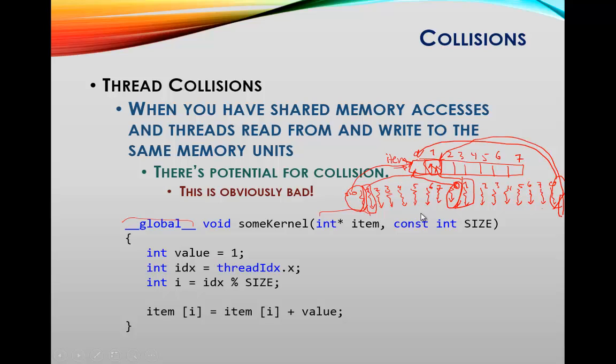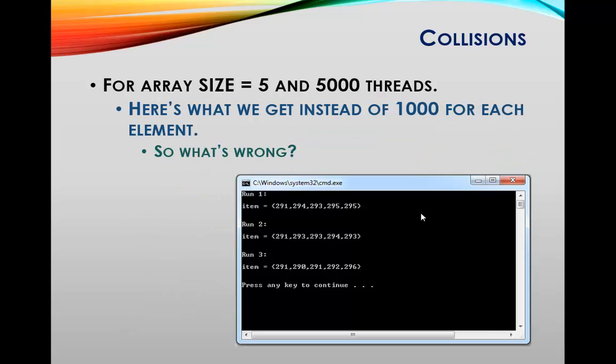So if I write this program and I run it with a bunch of threads, I will not get a really nice result. Here's a run of the example that I performed. I ran that program. I made the array size 5, so essentially the item had 5 elements in it.